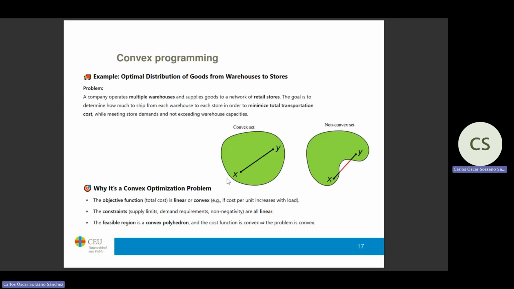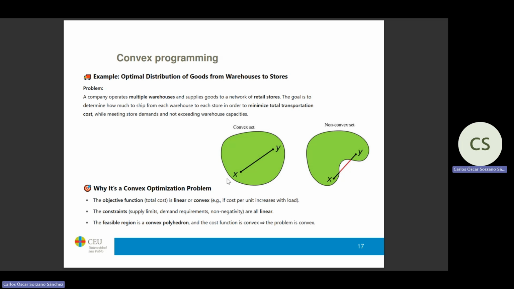Okay, good. Then a different kind of optimization is convex programming. For instance, let's say that there is a company that operates multiple warehouses, and you have to supply goods to a network of retail stores.